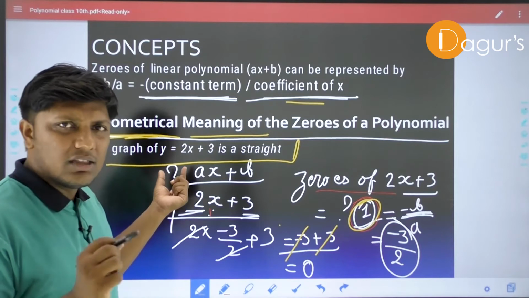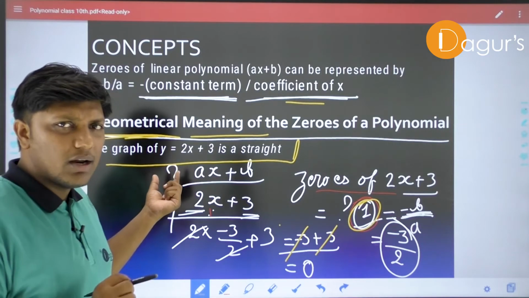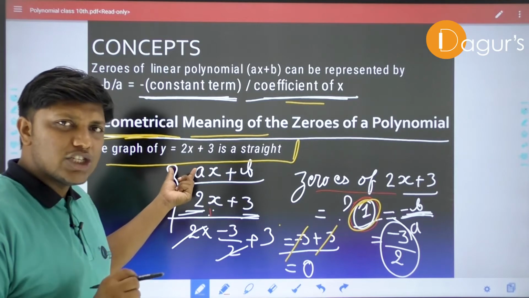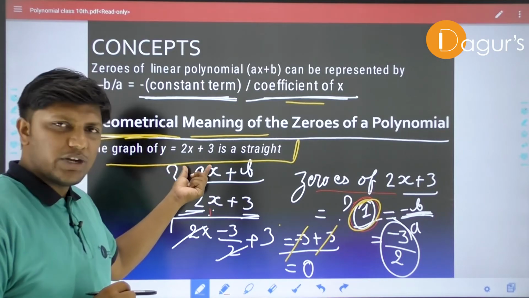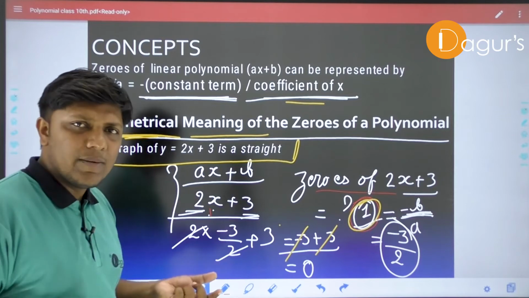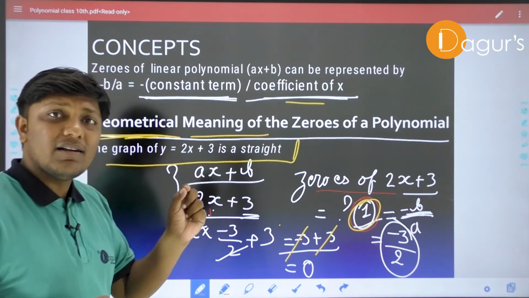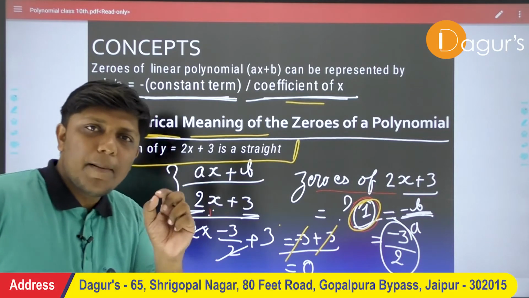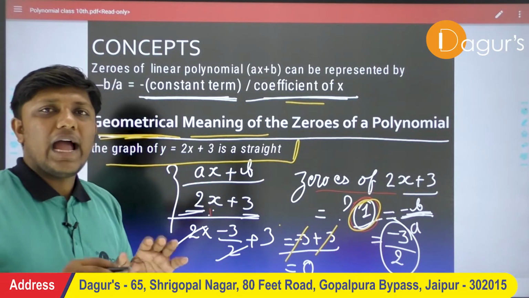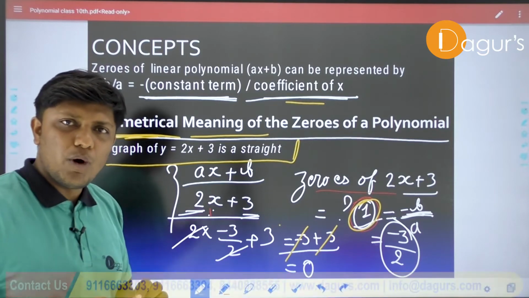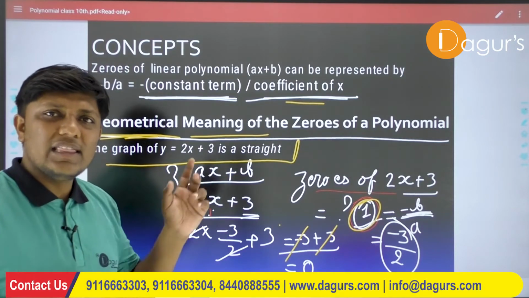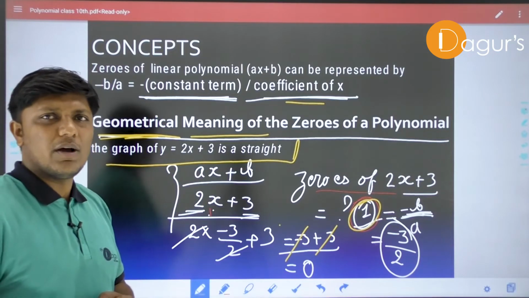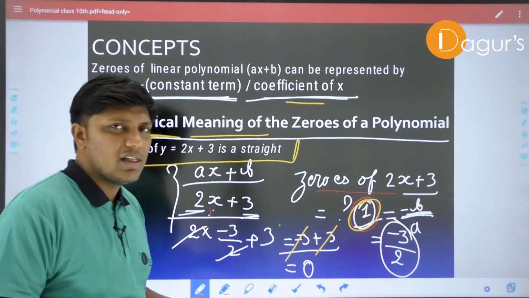The line which is drawn with the help of this equation cuts the x-axis at a point, and the point at which the line cuts the x-axis is exactly the zero of that polynomial.